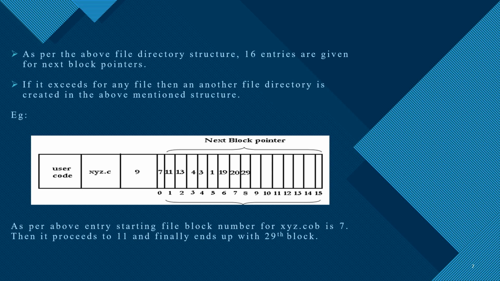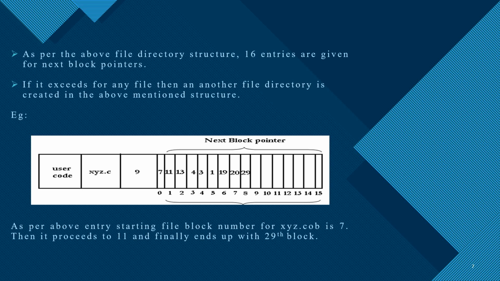As per the above entry, the starting block number for the xyz.cobol file is 7. Then it proceeds to 11, and finally ends with the 29th block.